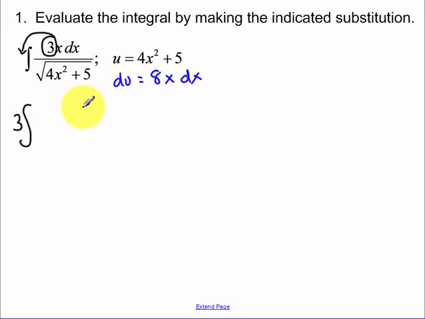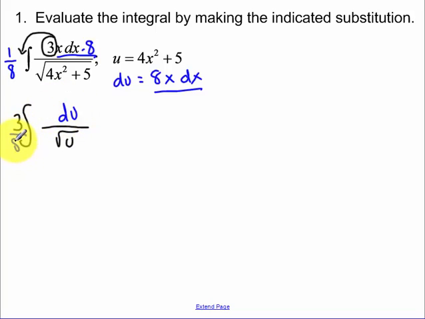On the bottom we have our u, so we have the square root of u. We need an 8x dx. I have an x dx, so if I multiply by an 8 on the inside and a 1/8 on the outside, I've really multiplied by 1, and I get my du.